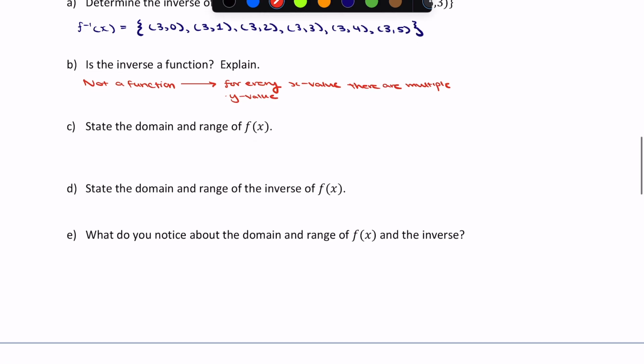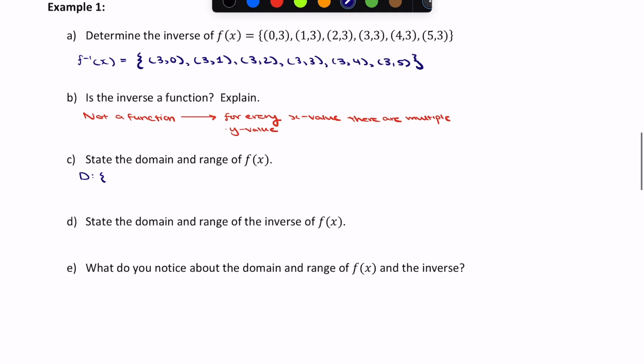And so here, let's take the domain and range. Again, we have ordered pairs. The domain of f of x is 0, 1, 2, 3, 4, 5, and the range for f of x is just 3.